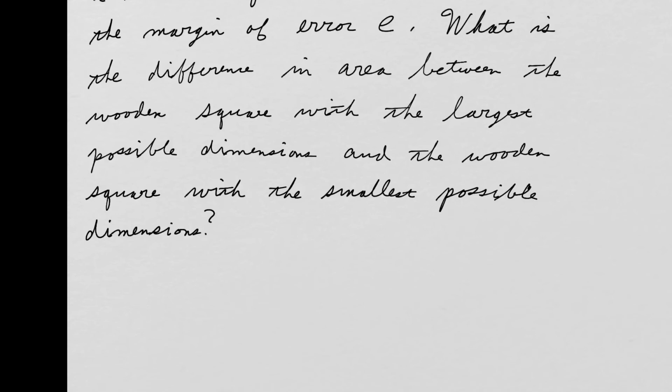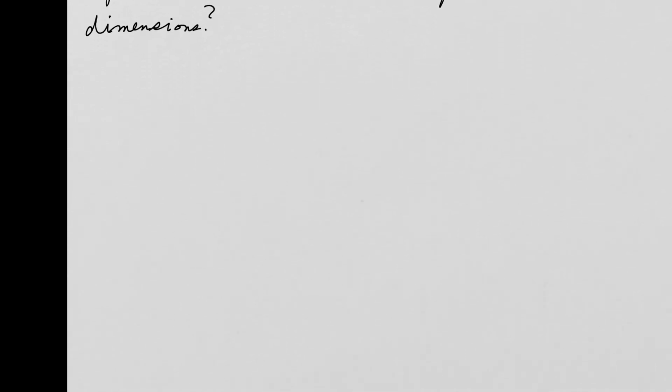Okay, well, let's draw a picture, right? So let's figure out what's going on here. Let's say I'll draw the largest possible wooden square first. So what this means is, right, I measure the side to be length x, but I could have made an error as much as e.